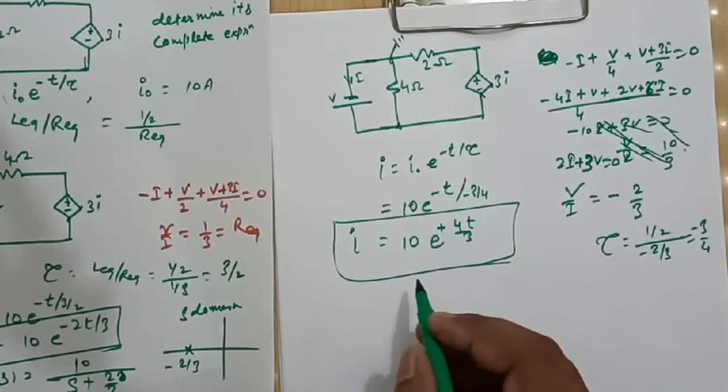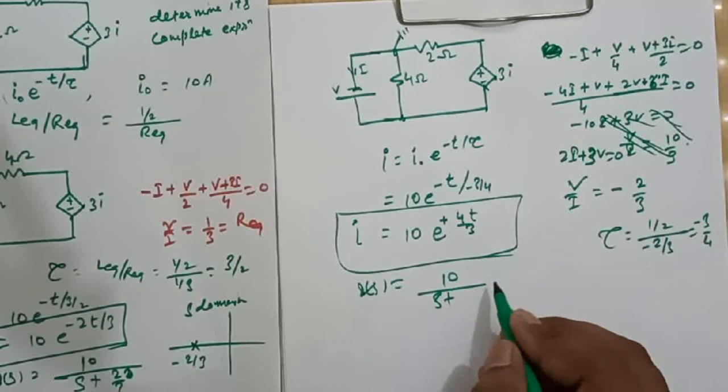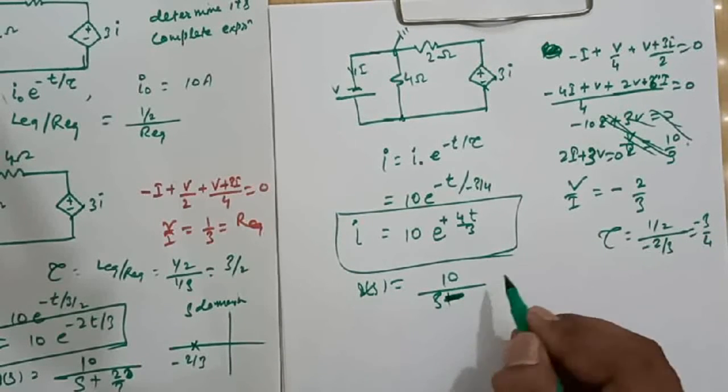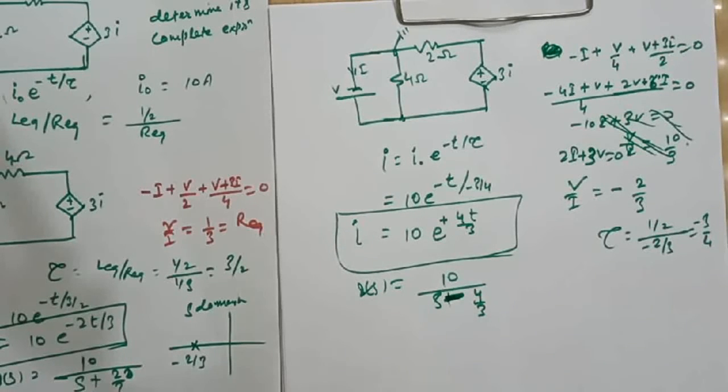Now if I take the Laplace transform, our I of s will be 10 by S minus 4 by 3.